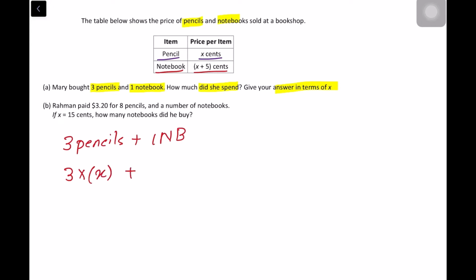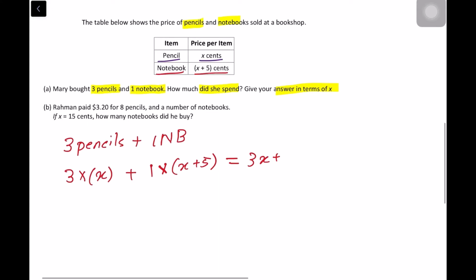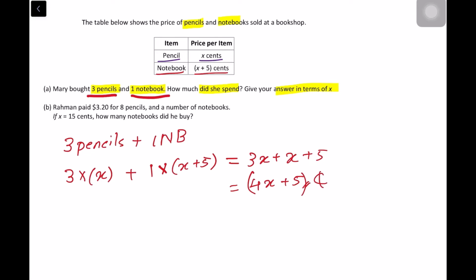Plus, and then she bought 1 notebook, which costs x plus 5 cents. 1 times x plus 5. And what does this give us? 3x plus 1 times x plus 5 just remains as x plus 5, which gives us 4x plus 5. So in total, she spent 4x plus 5 cents to buy 3 pencils and 1 notebook.